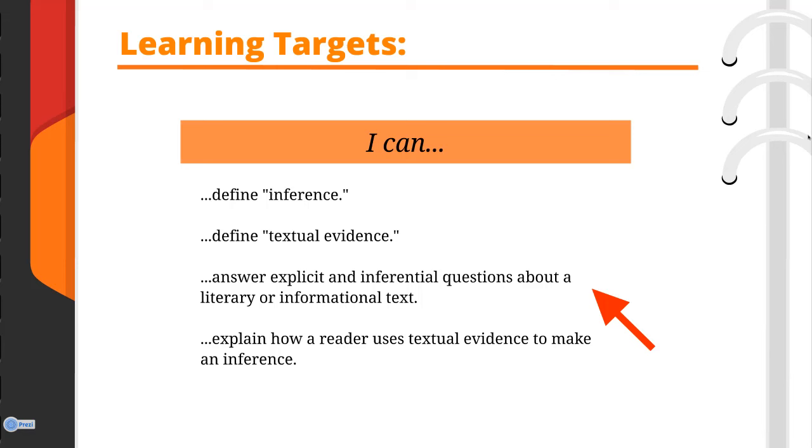Whereas an inferential question is a question that requires you to draw some conclusions, to apply your own knowledge to the situation. For instance, the question, what happened on the playground? We inferred that Tim and Bobby were fighting on the playground.